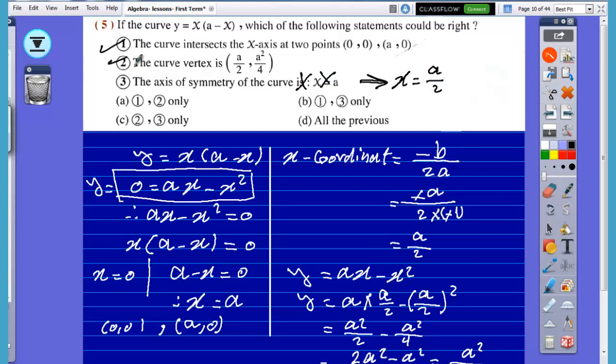So 1 and 2 are the only two right solutions. So we have to choose letter A. Of course 1 and 3 is wrong, because 3 is a wrong solution. 2 and 3 is wrong, and all of these is wrong. So we'll choose letter A.